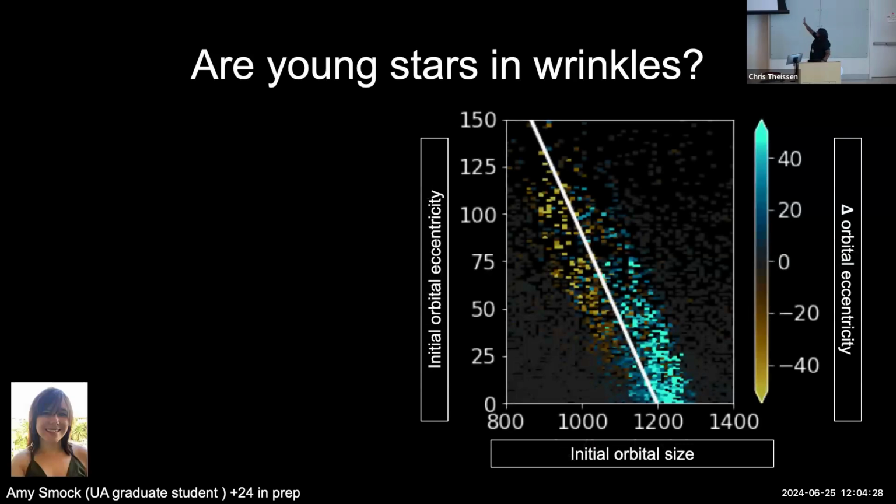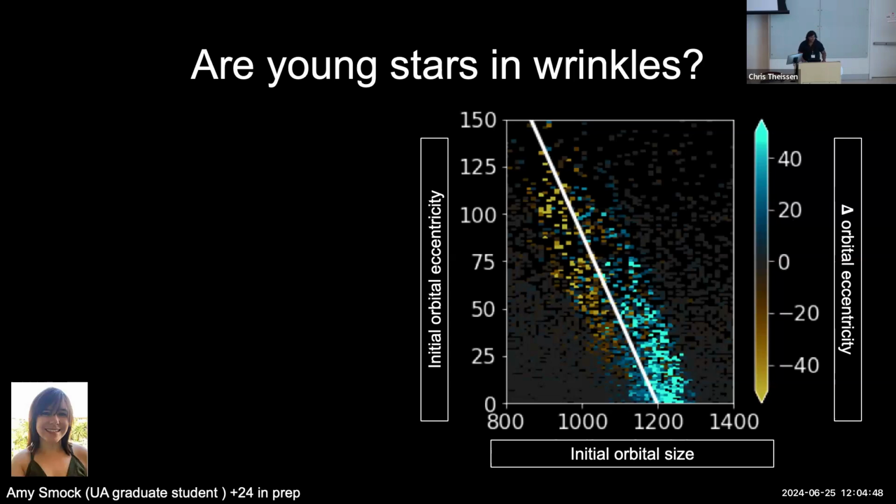This is the big result from her work, which will be coming out in a paper soon, where you see a simulated wrinkle. You have the stars and where they sit in action space pre-resonance event, and then they've been colored by where they'll move in eccentricity space post-resonance event.